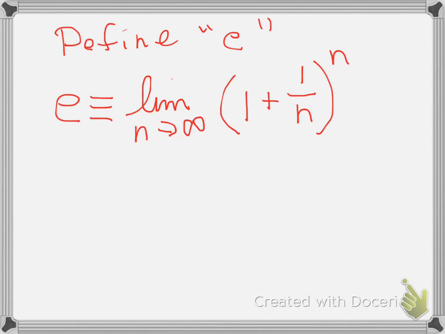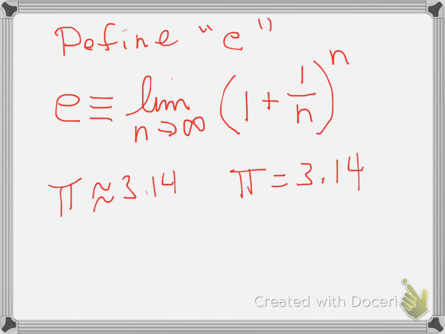Okay. Now, e is a number kind of like pi. It's a non-repeating, non-terminating decimal. So much like we would say pi is about 3.14, or people say pi equals 3.14, not really true, but people say that. We can say e is about 2.72.